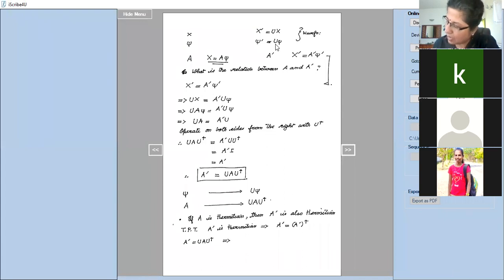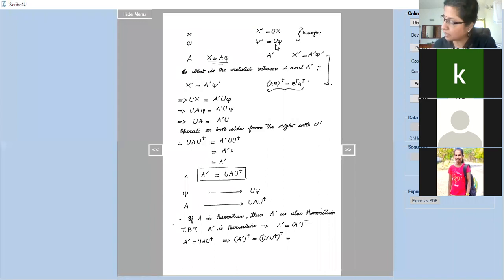This implies that A prime dagger is equal to (U A U dagger) whole dagger, right? So let us now see how we can do it. You remember, let me just write it here: (AB) dagger is equal to B dagger A dagger. Somebody had even asked me a question. So we are going to use this property.